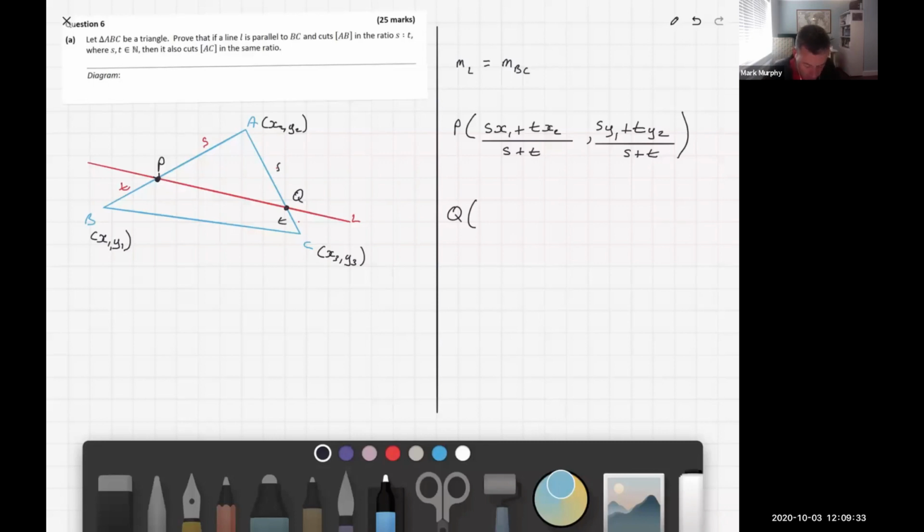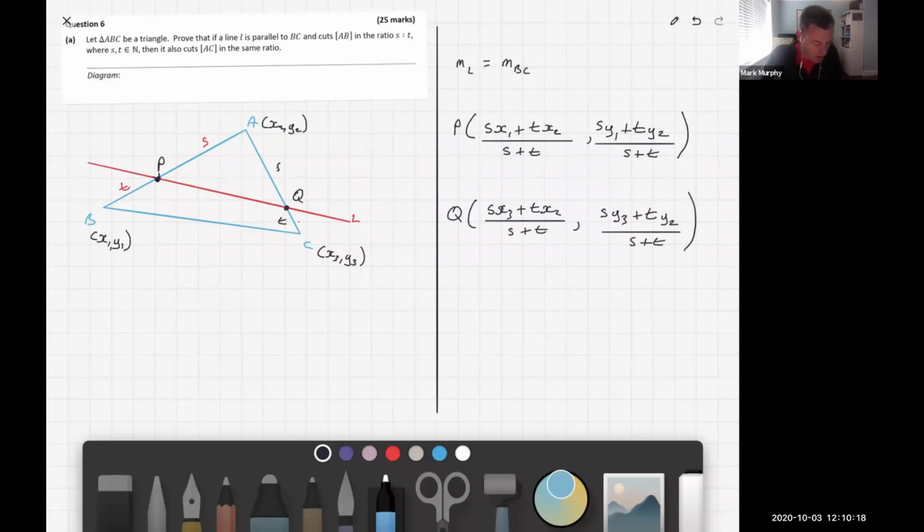So then Q is S times X3 plus T times X2, all over S plus T, and the y coordinate is S times Y3 plus T times Y2, all over S plus T. So that was just setting up.